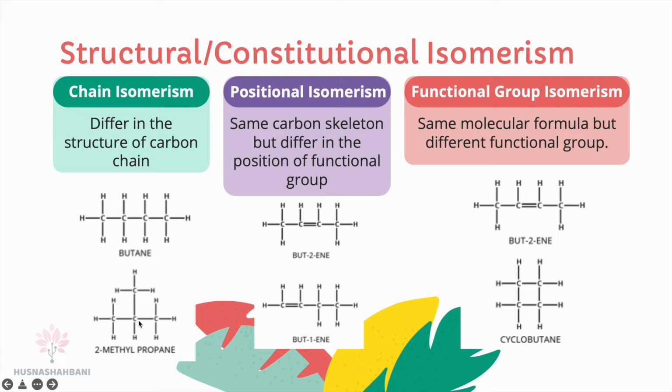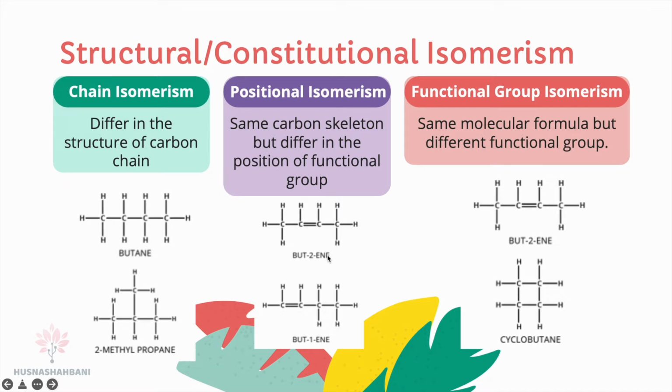If you count from the left, 1, 2, 3, from the right, 1, 2, 3, and from above, 1, 2, 3, that means the longest carbon chain is 3. So a 3 carbon chain here, a 4 carbon chain there, but they have the same molecular formula, C4H10. This is chain isomerism.